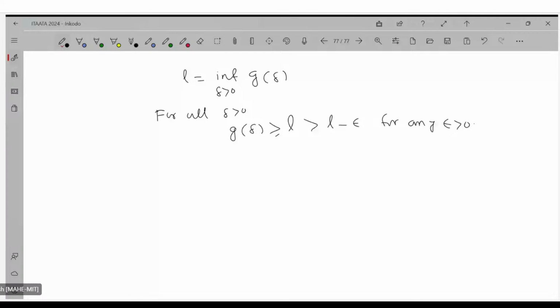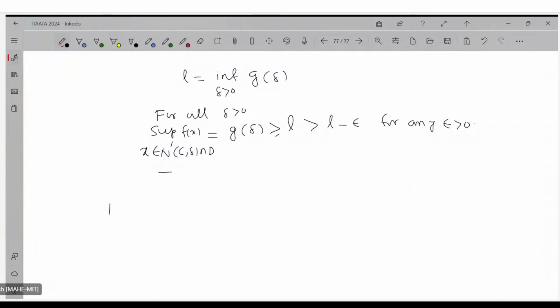G of delta is the supremum of Fx, x belonging to the punctured neighborhood C delta intersection D. Clear? Infimum means all the G of delta should be greater than or equal to L, and that means it is greater than L minus epsilon for any epsilon greater than 0. Now G of delta is nothing but the supremum of Fx, which is greater than L minus epsilon.